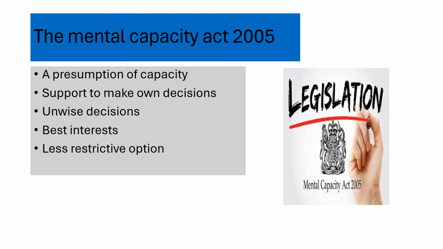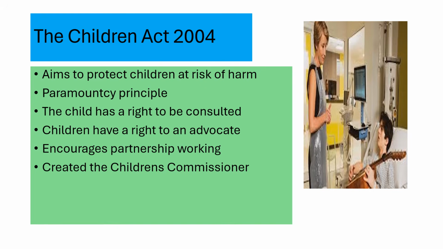Care workers should provide reasons showing the decision they're making is in the best interests of the person they're representing. And then there's the less restrictive option. Anything done on behalf of a person who lacks capacity should be the least restrictive of their basic rights and freedoms.